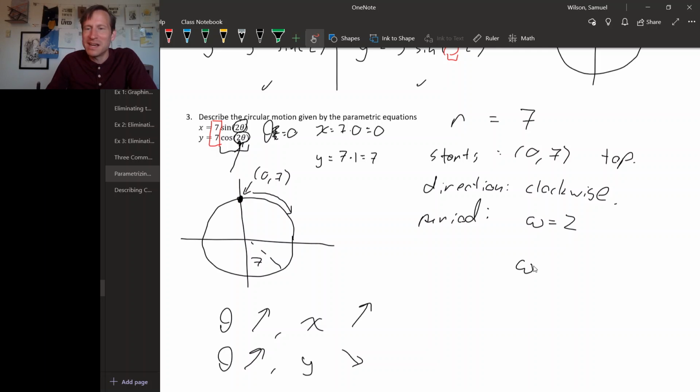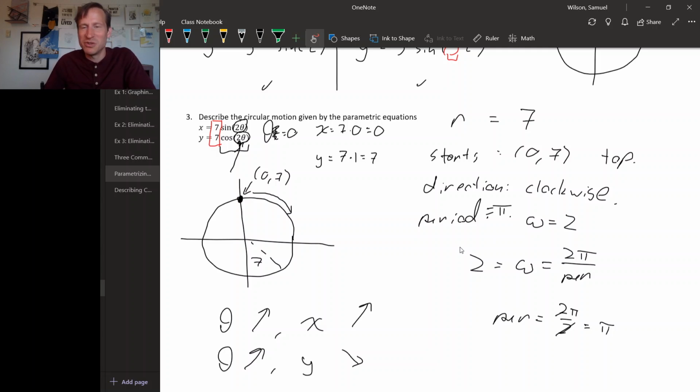And we've seen that omega is 2 pi divided by the period of our motion. So we have 2 equals 2 pi over the period. Now we can just rearrange this to solve for the period. The period is 2 pi over 2, and that's pi. So the period of this motion is pi. It takes pi time units for this point to travel around the circle once.